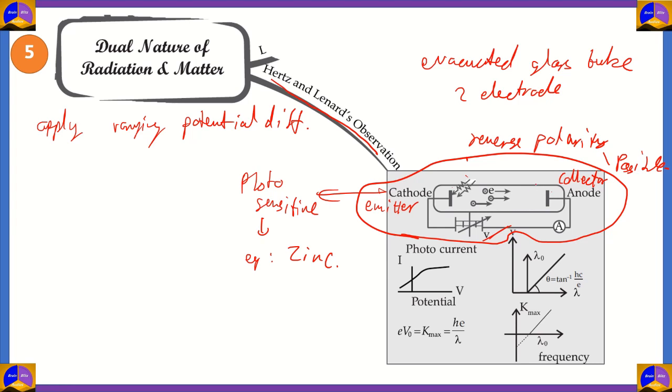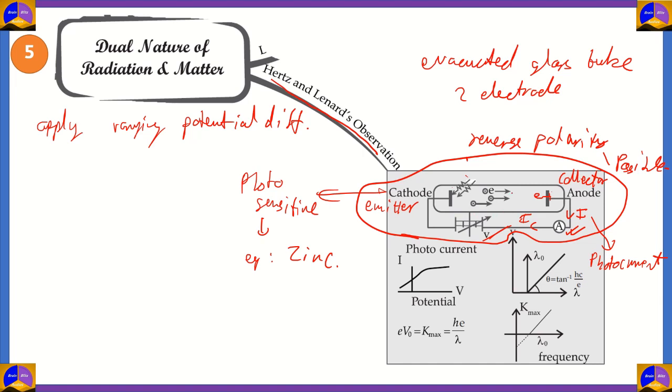When they reach the collector, they are taken inside, and you can see the flow of current I through the circuit, measured here in the ammeter. This current due to the movement of electrons is called photocurrent.